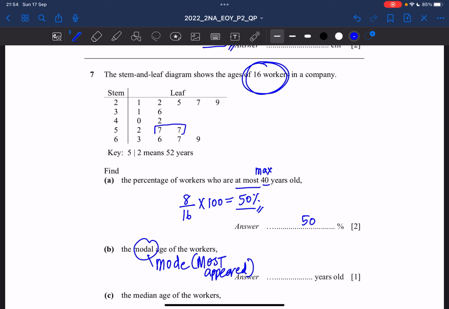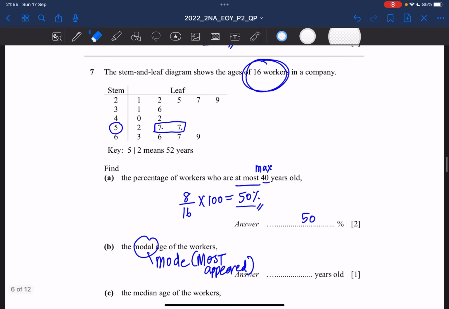This leaf belonging to this stem appears 2 times. The rest all are only once. So our mode is actually 57. Don't forget our stem. They give us the key here.